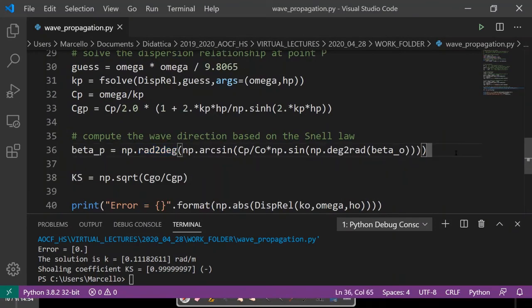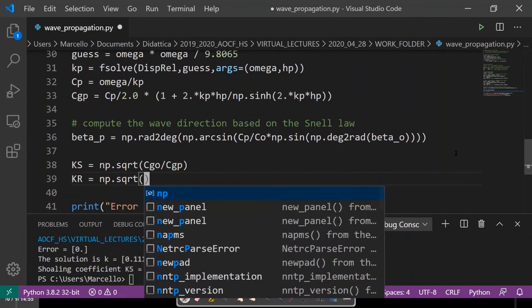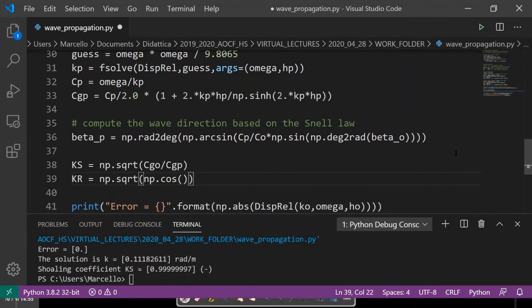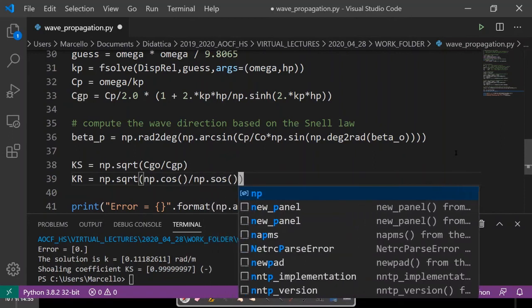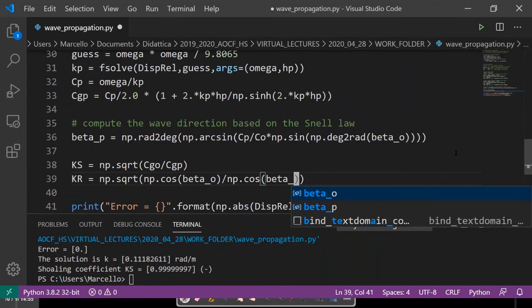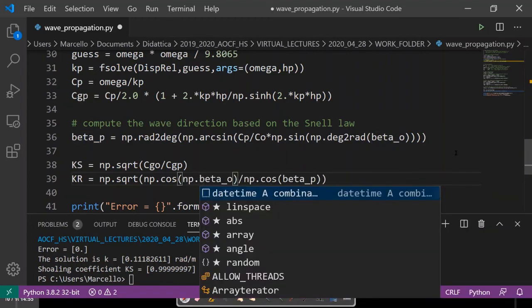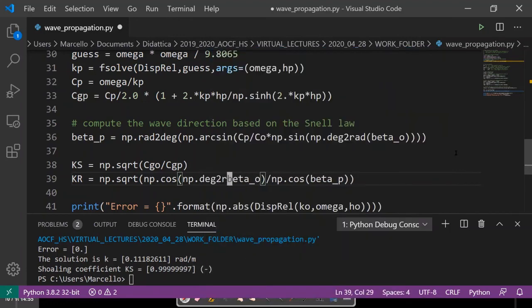Then we can compute also Kr, that is the ratio of the cosine of the two angles of beta O over beta P, but again we need to transform the degree in radians. And P deg to rad.